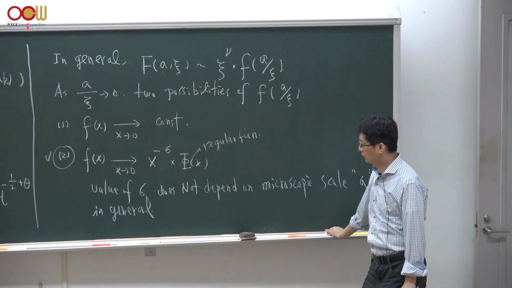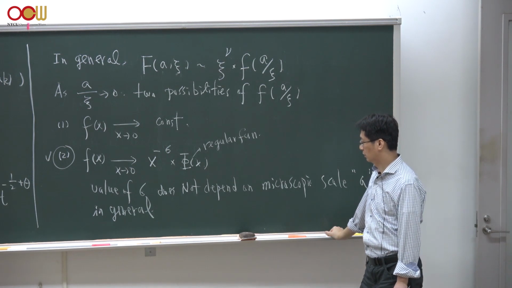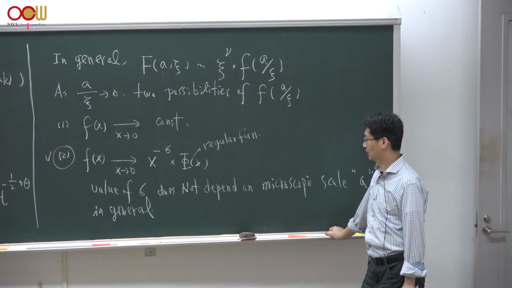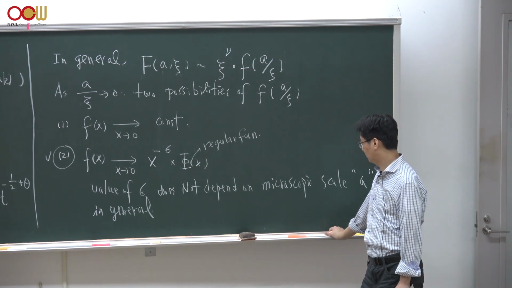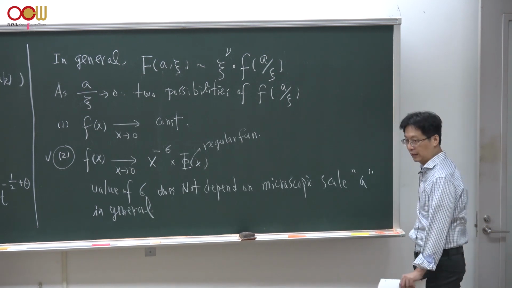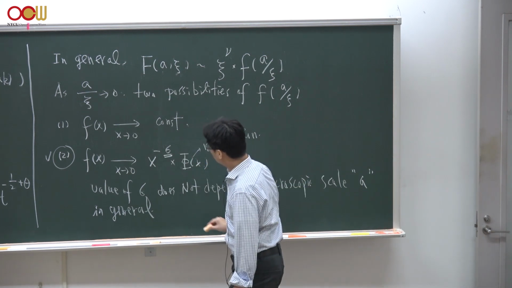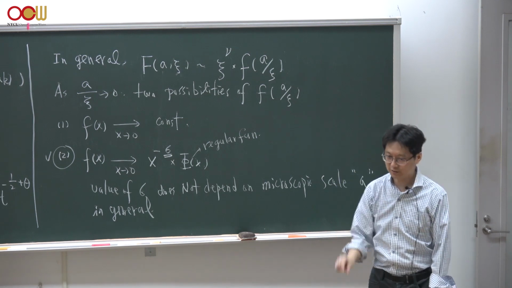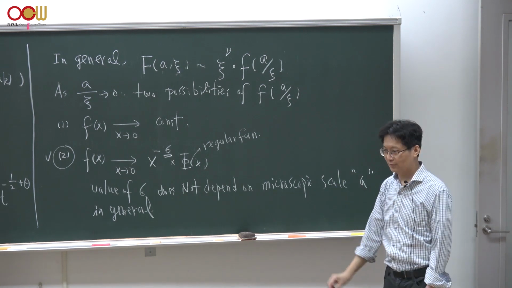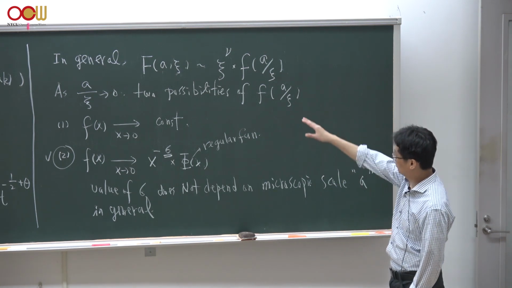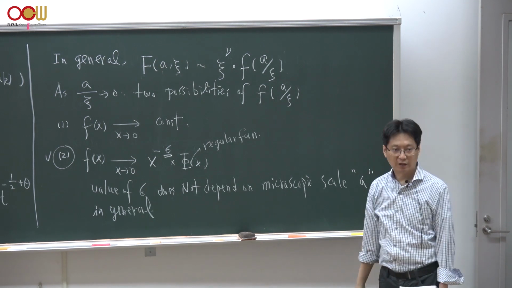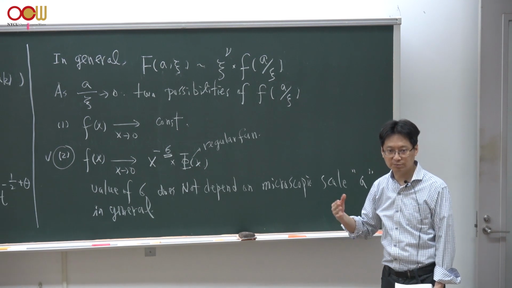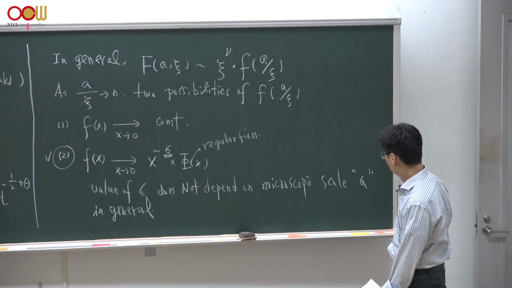The value of this extra critical exponent, or anomalous exponent sigma, in general does not depend on the microscopic cutoff a. So this sigma has nothing to do with this microscopic length scale. But we need to assume the dependence of the scaling function on this microscopic lattice spacing. However, the critical exponent does not depend on little a.